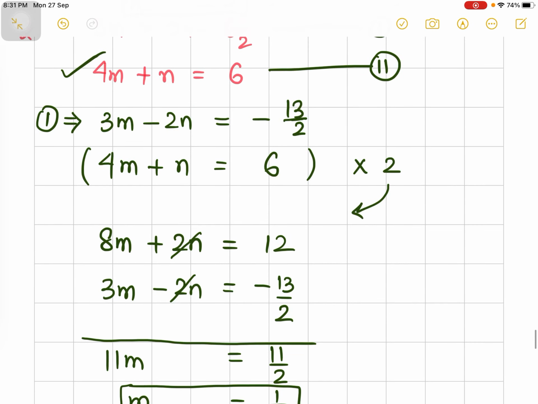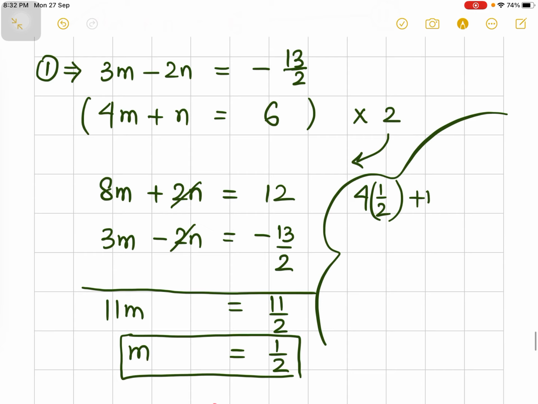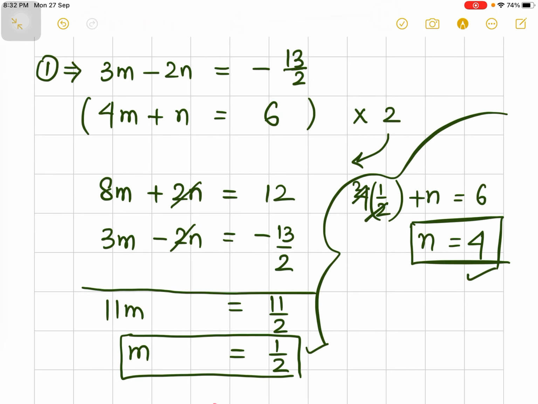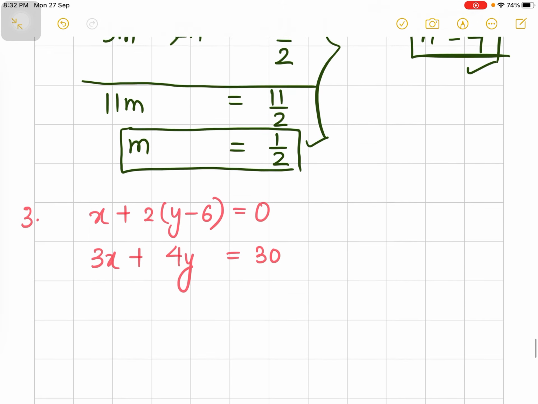So 4 times m plus n is equal to 6. 4 times of m, that's half, plus n is equal to 6. 4 times of half, this cancels, it is 2. 2 plus n is equal to 6. 2 goes to the other side, gets subtracted, n will become 4. So this is the answer of n. We got m as well as n. So after solving the simultaneous equations, these are the answers.